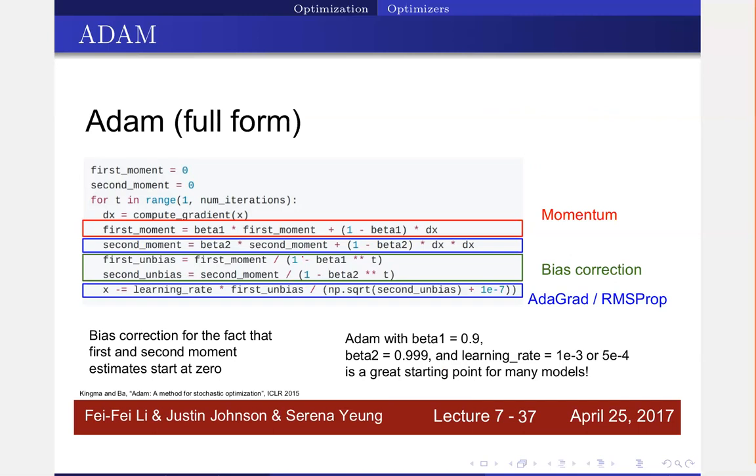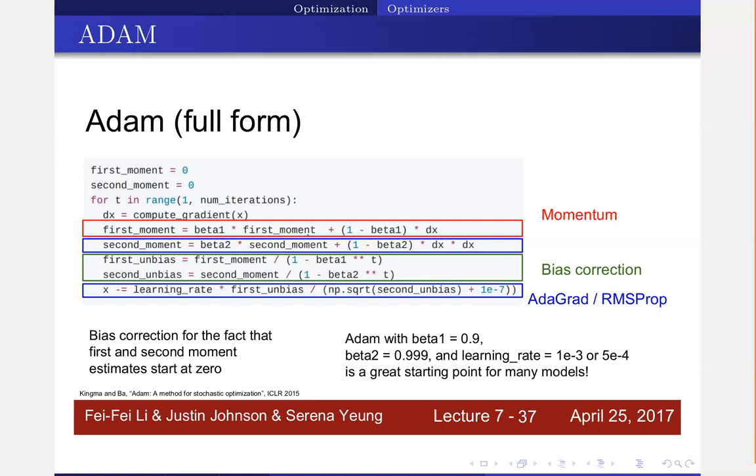We compute the first and second moments as we had earlier, but in the initial steps, for the first couple of updates, there will be some bias.